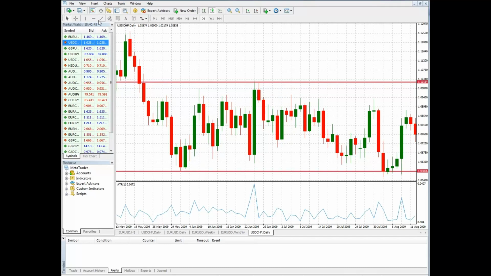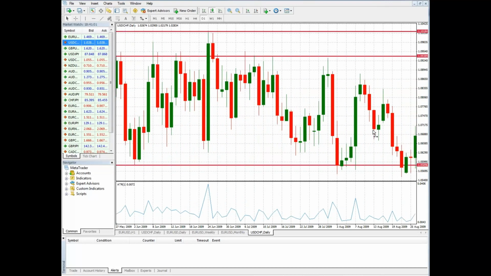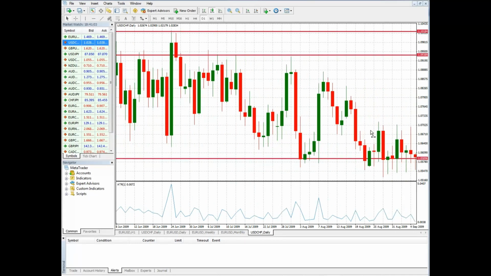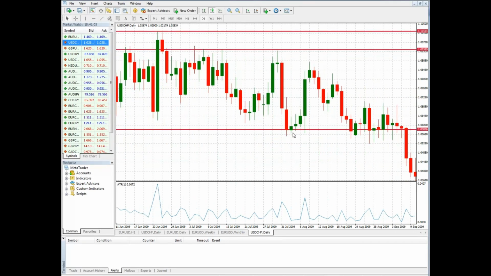And as we come down further, other levels come into play. Okay? You can see this level here. Moves up, bounces off that level, comes back, bounces off that same level that we previously identified. Let's see what happens as we move on. Okay.